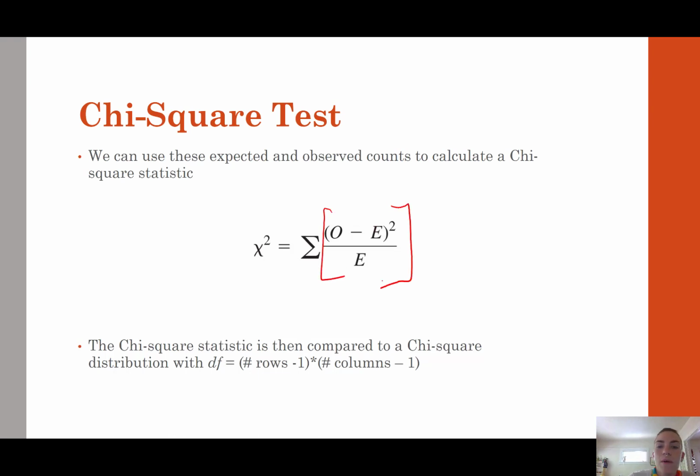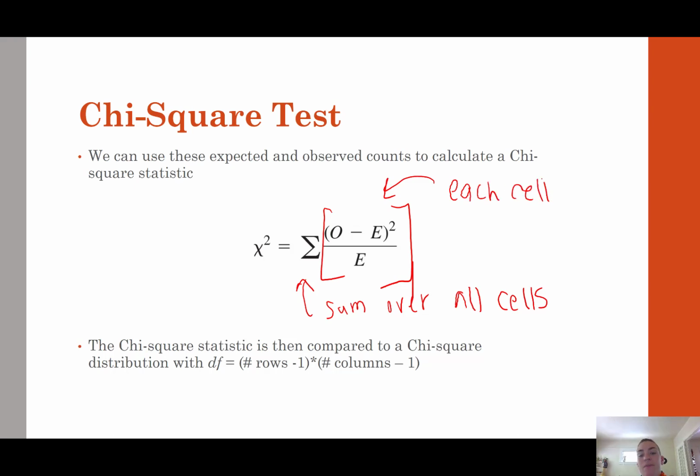The sum of observed minus expected, squared, over expected for each cell. So this sum means sum over all the cells. So I do this part for each cell and then add up the values to get our chi-square statistic.